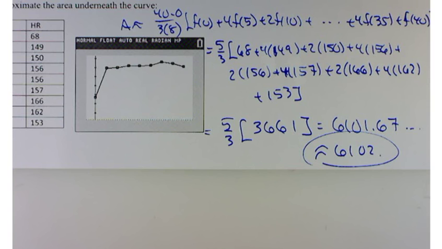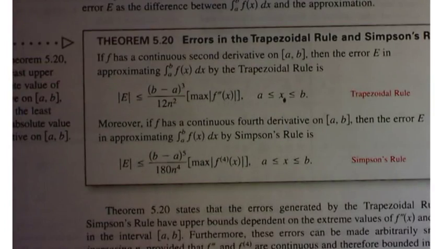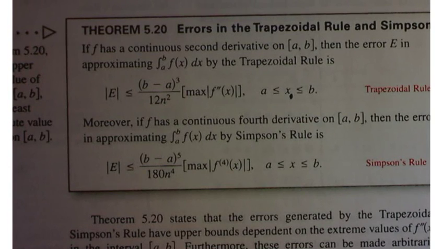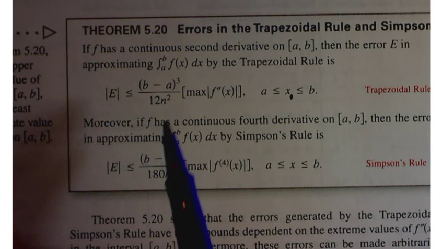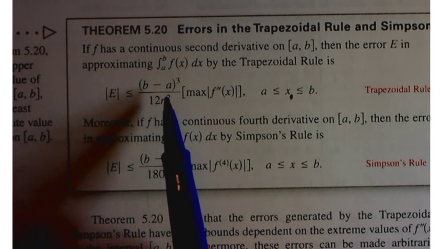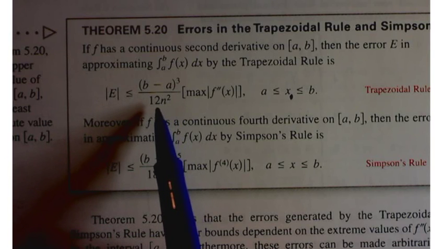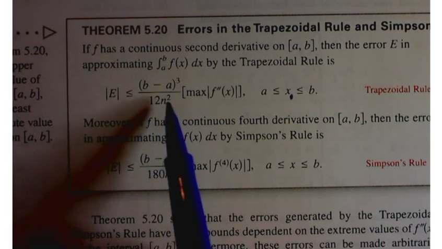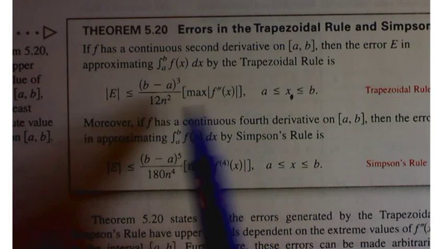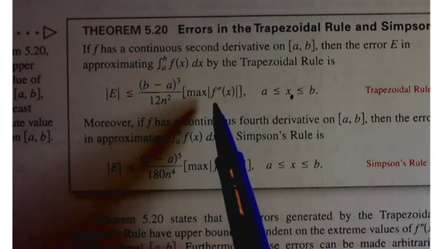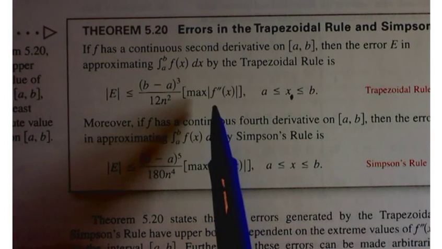Let's take a look at the formulas for the error of Simpson's Rule and the Trapezoid Rule. The worst that you're going to be using the trapezoid rule is the cube of the length of the interval divided by 12 times n squared. N is the number of subintervals. Number of points is one more than that, times the maximum of the second derivative.